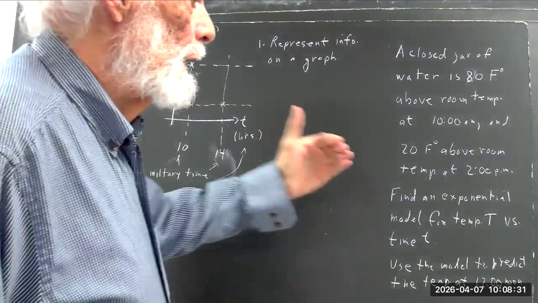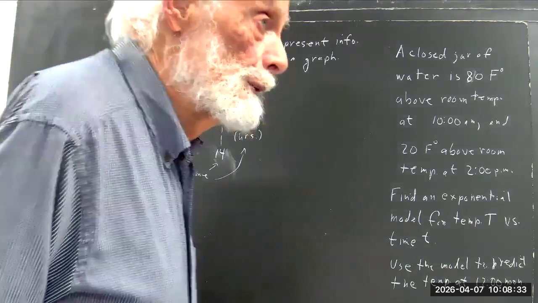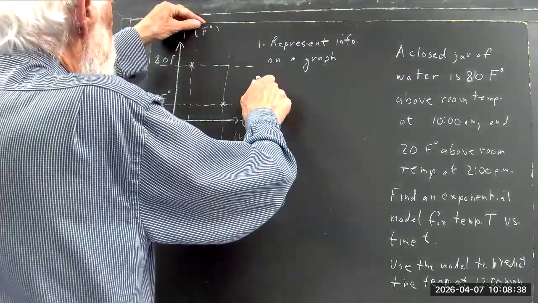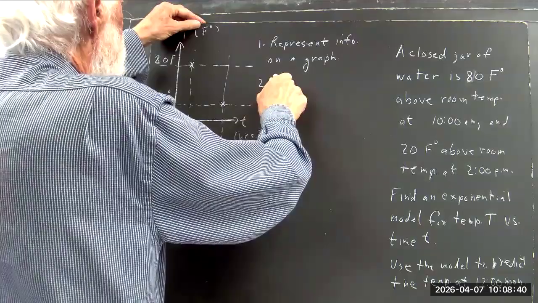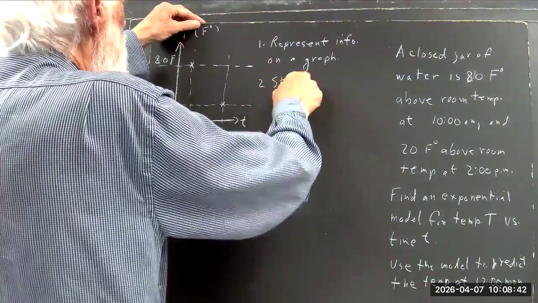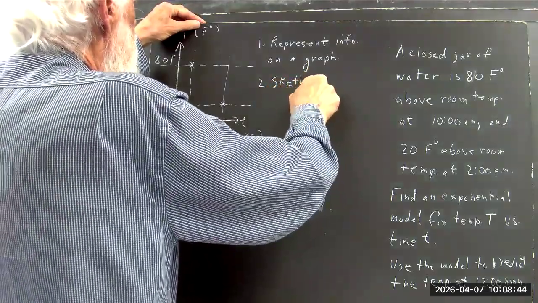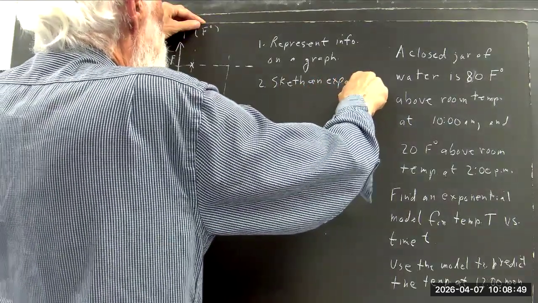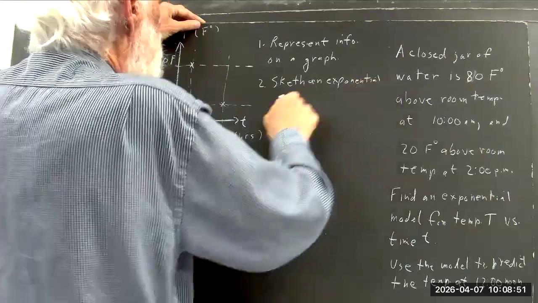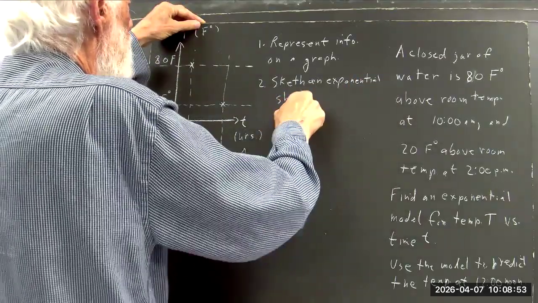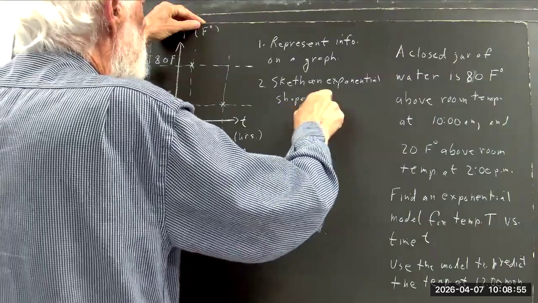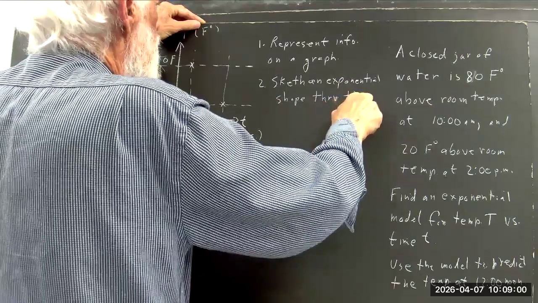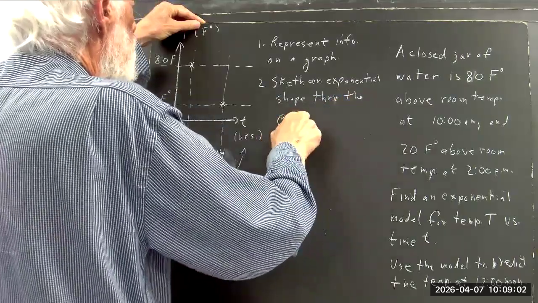Now we want to do an exponential model for temperature versus time. So I would say the second step is sketch an exponential shape through the points.